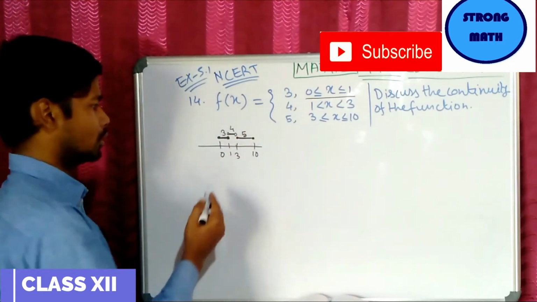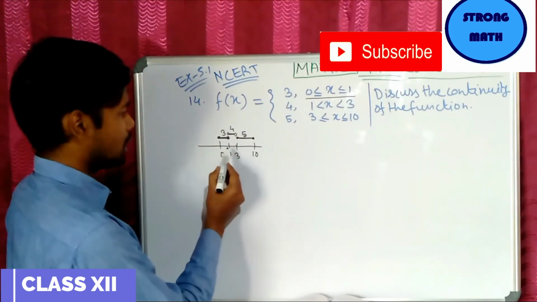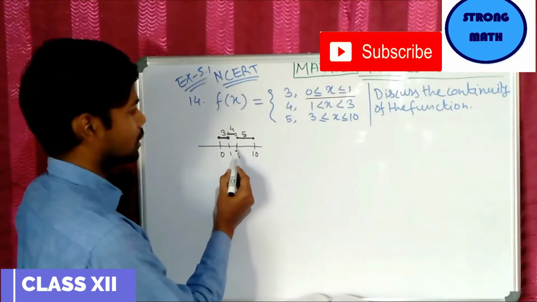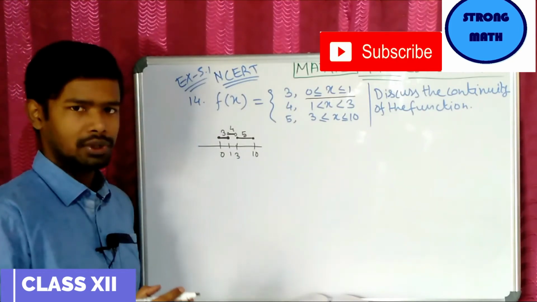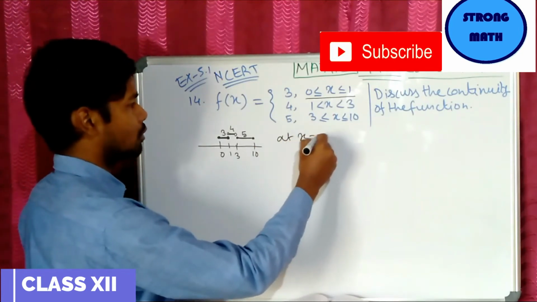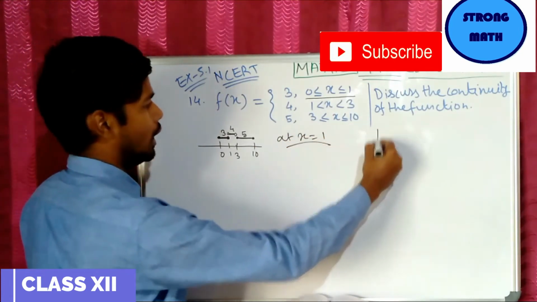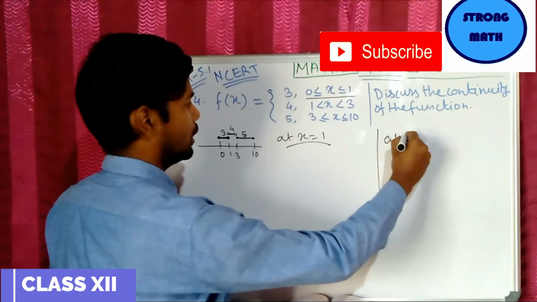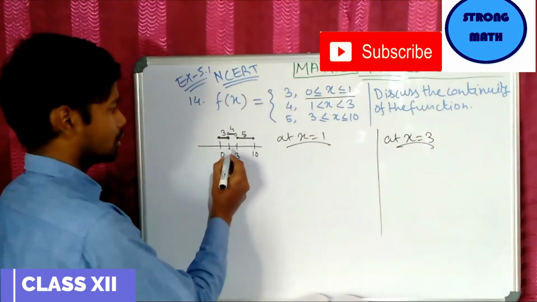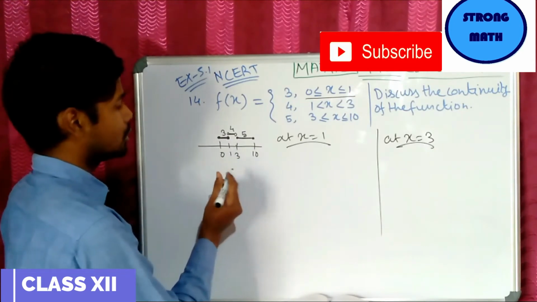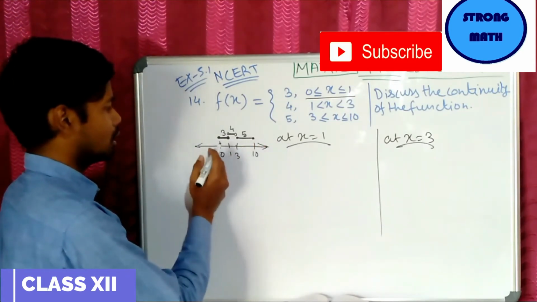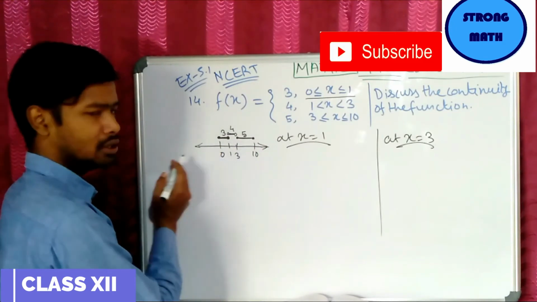So look, we have to check the continuity of this function at the point x equals 1 and at the point x equals 3, because there is no definition of the function for x less than 0.